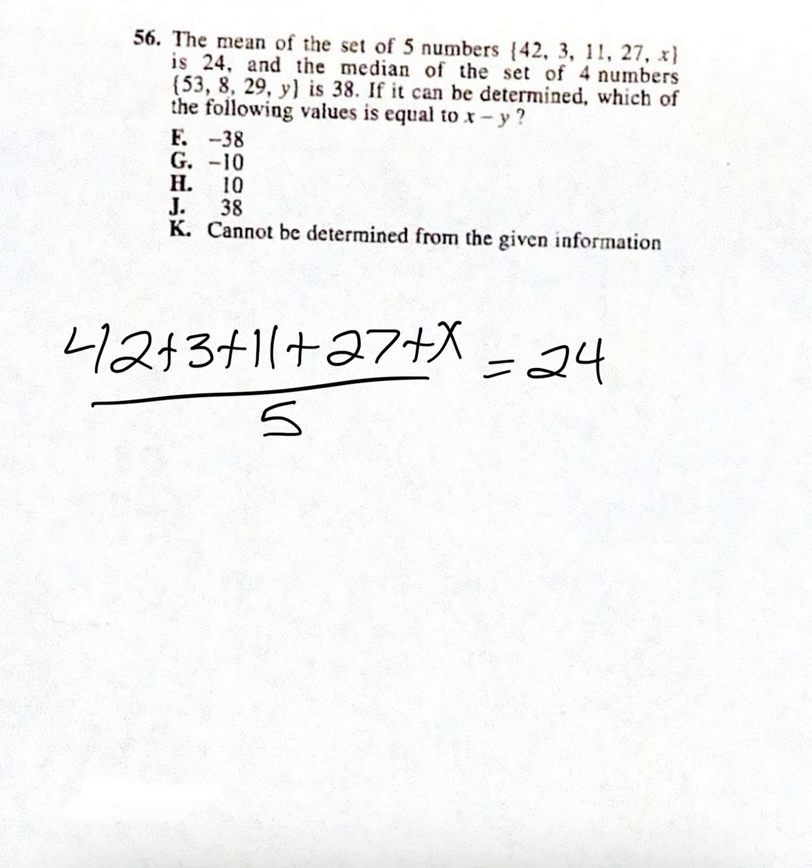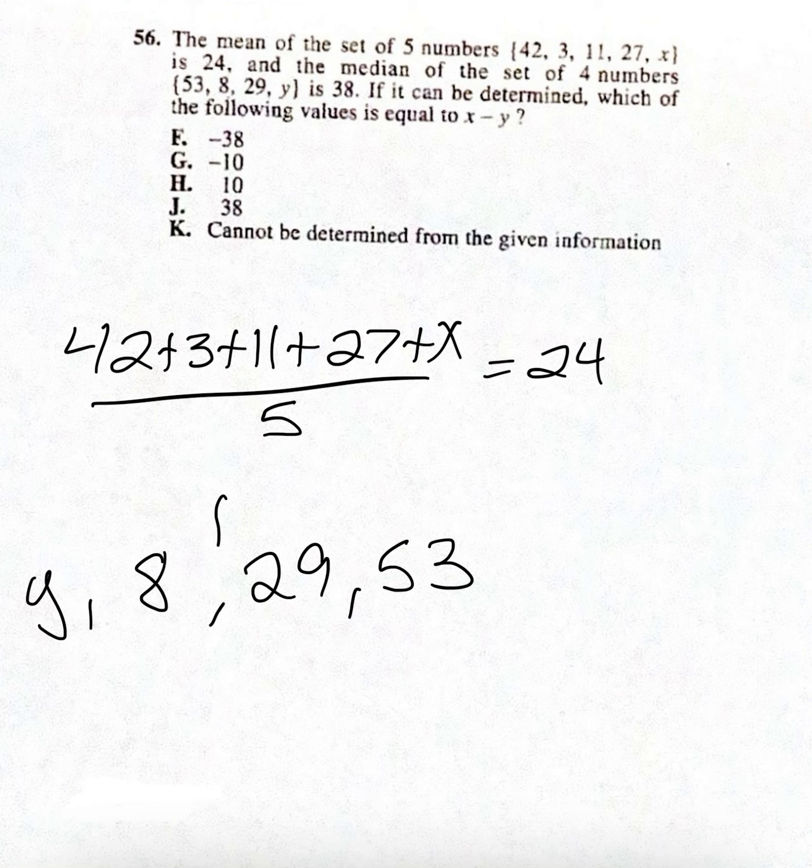The median of the set of 4 numbers, 53, 8, 29, and y, is 38. Well, we don't know where y is in this set of numbers. We know 8 is smaller than 29, and 29 is smaller than 53. But where does y go? If y was at the beginning, then the median would be between 8 and 29, but we know that the median is 38.